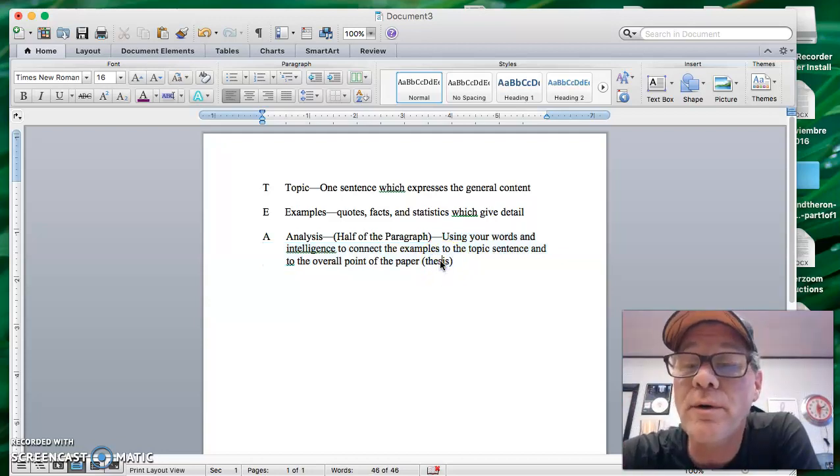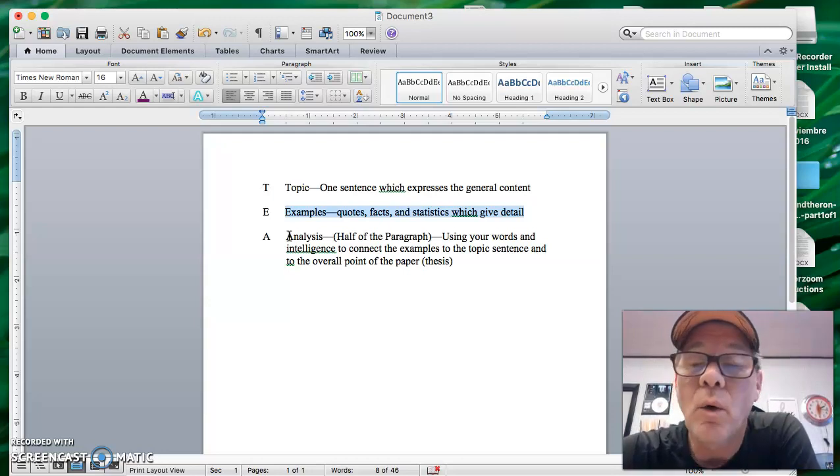In terms of the overall weight of each of these parts, the topic sentence is only one sentence, right? So the rest of it composes most of the weight. If you have 2 or 3 quotes, or 2 quotes and a fact and statistic, you definitely want to take 3 or 4 sentences to analyze those quotes and to explain what they mean.